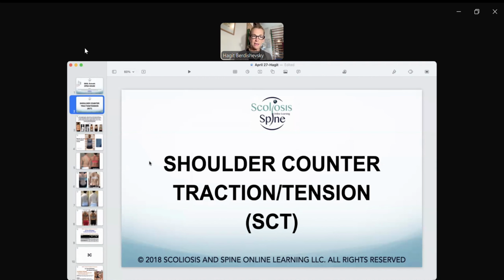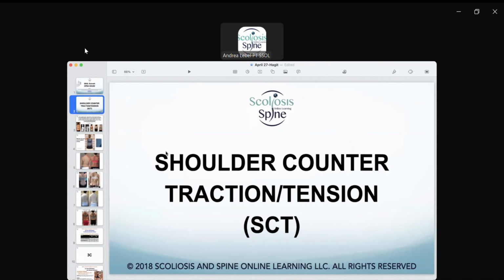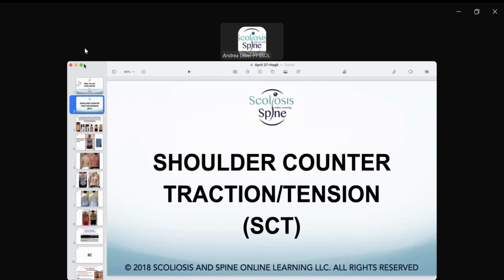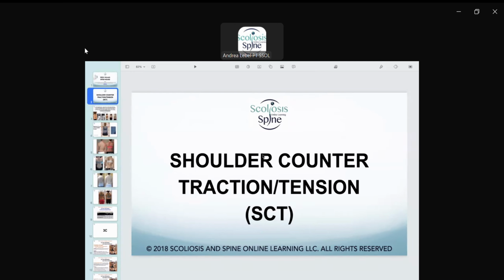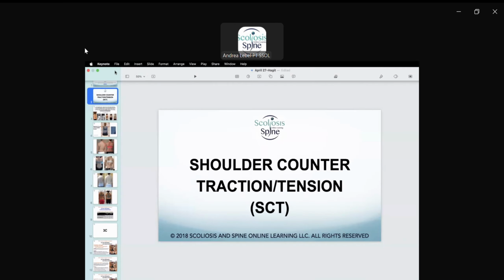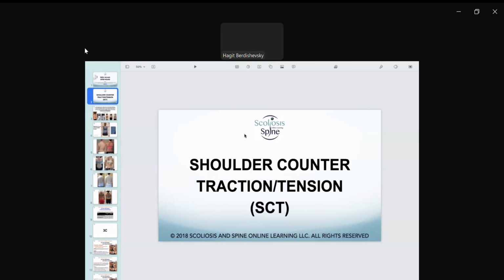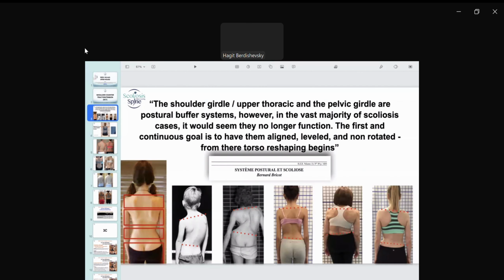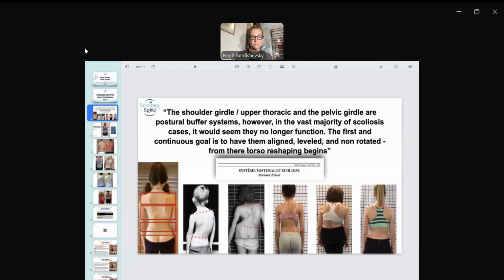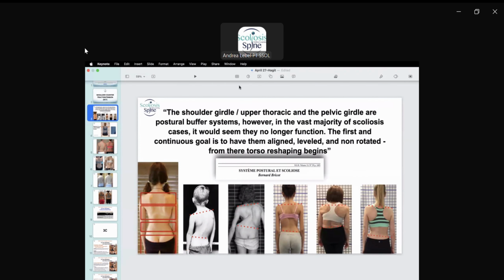Can you make it a little bit higher because we don't see the bottom of your slide? The larger the slide, the better. Okay, I guess you keep it like that.